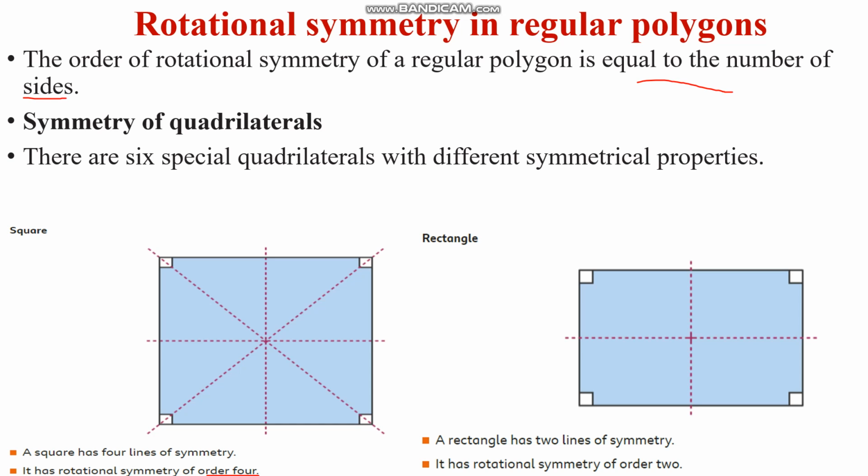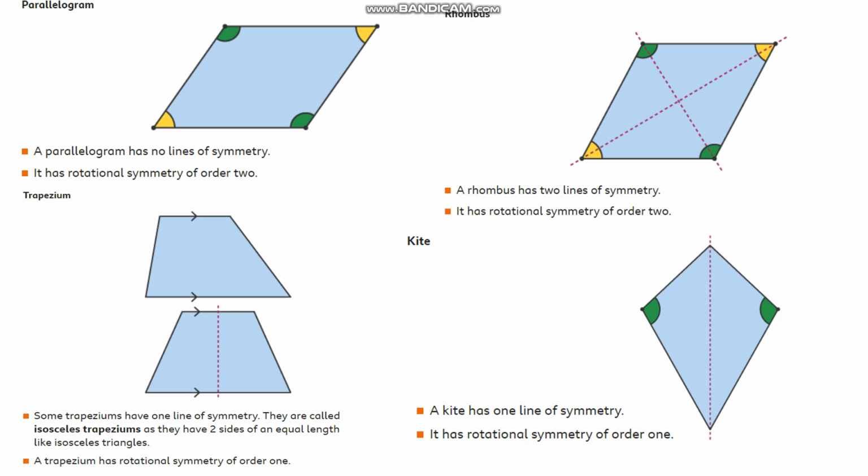And then a rectangle is not a regular polygon. A rectangle has 2 lines of symmetry that are shown in purple, and it has rotational symmetry of order 2. You might want to try this out, maybe cut out your own triangle and rotate it so that you see how many rotational symmetry orders it has.